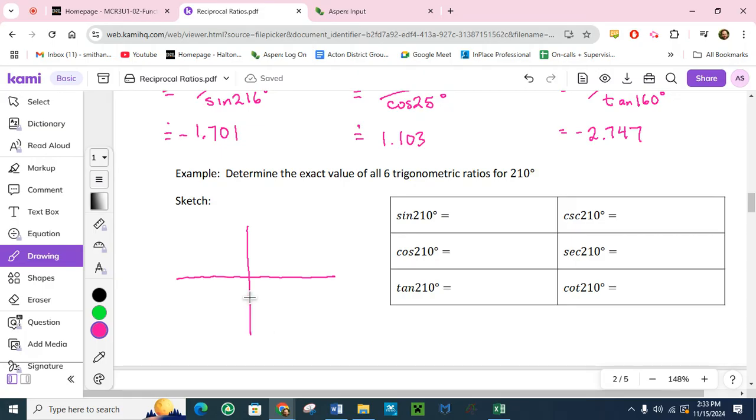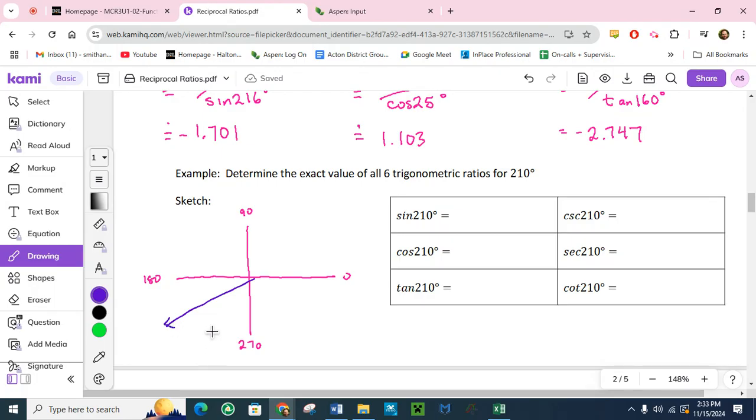Can you also label what the reference angle is? What is that related acute angle that terminal arm makes with the x-axis? So 0, 90, 180, 270. So it's somewhere in here.